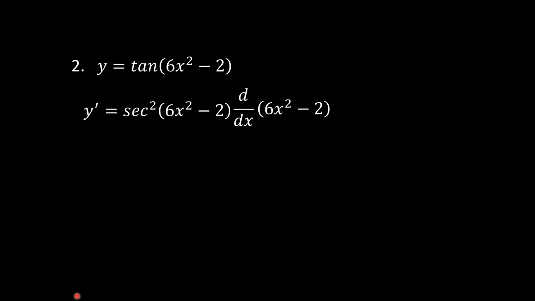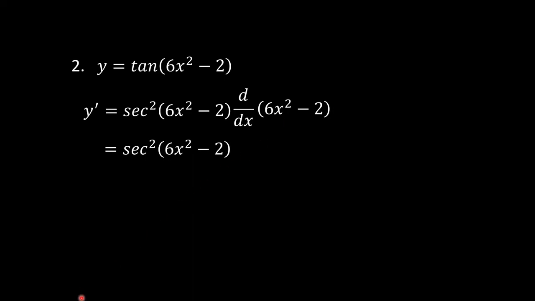This is now equal to secant squared of 6x squared minus 2. The derivative of 6x squared using the power rule is 2 times 6, 12, and then subtract 1 from 2. So this becomes 12x. Then minus the derivative of 2, the derivative of a constant term is 0. So this is 12x minus 0, which is 12x.